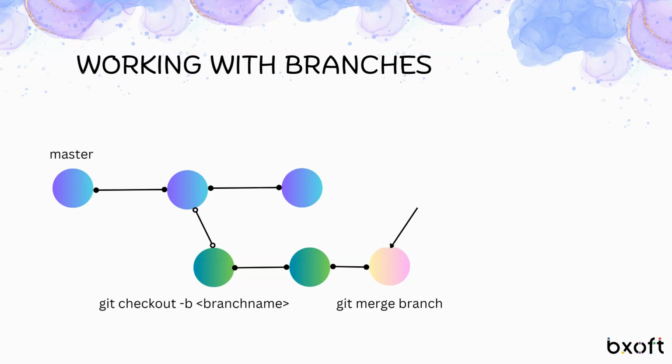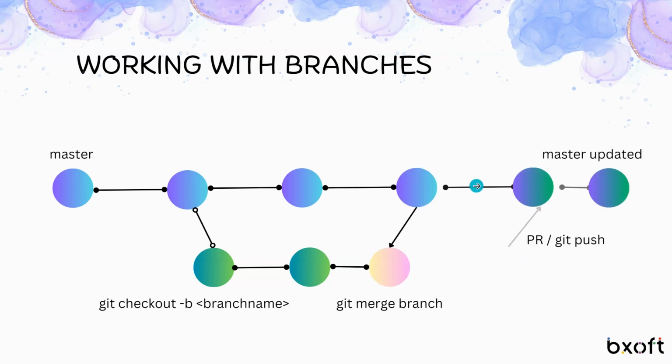The next step is to push my changes to the master branch. I will create a PR or push my changes by using git push origin. In this way, the master branch will be up to date with my changes as well as all the changes that the other developers currently made. I hope this is clear for you.